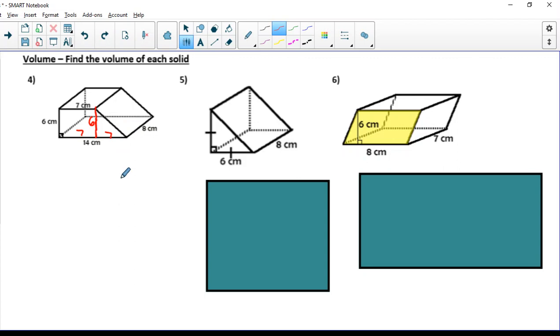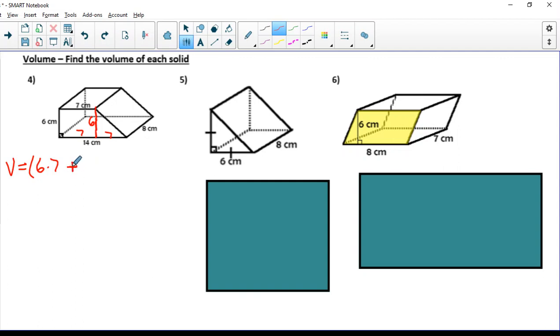So again, like with the previous problems, we have to be observant about how we divide up our shapes and how we calculate these numbers. The volume is going to be the base, which here is the rectangle and the triangle, times the height, which is 8. The area of the rectangle is just 6 times 7, this side times this side.